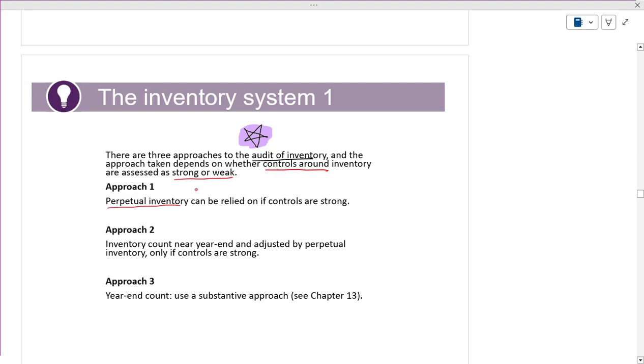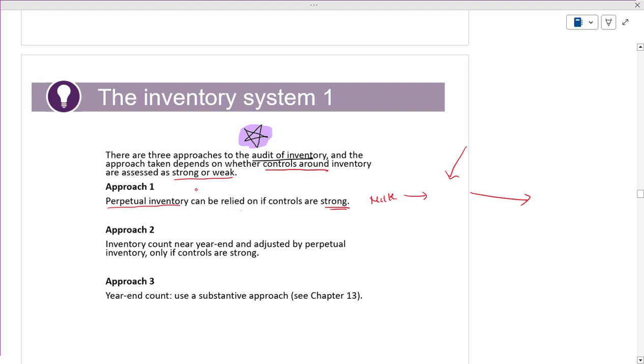Perpetual, continuous inventory can be relied on if controls are strong. It is continuous: always in the production department, like the milk industry. There is incoming, there is outgoing.